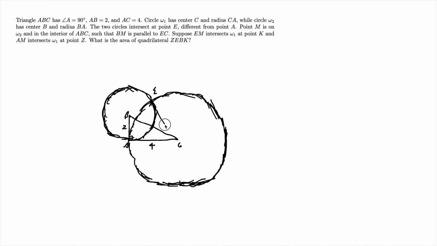So if we draw our EC like this, it's parallel, so oh no, that was good.